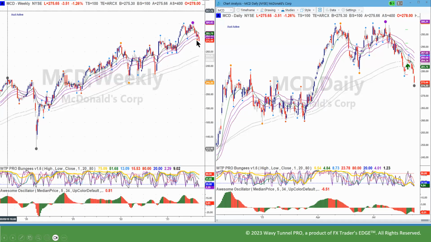I would say if you're trading stocks, you want to get a sense of what the indices are doing as part of your analysis. So we're at a critical level here. We've had such a massive move up. It's quite possible that McDonald's, maybe this is a 5-wave move down, and maybe this is the time when we are going to move down to the weekly tunnel.